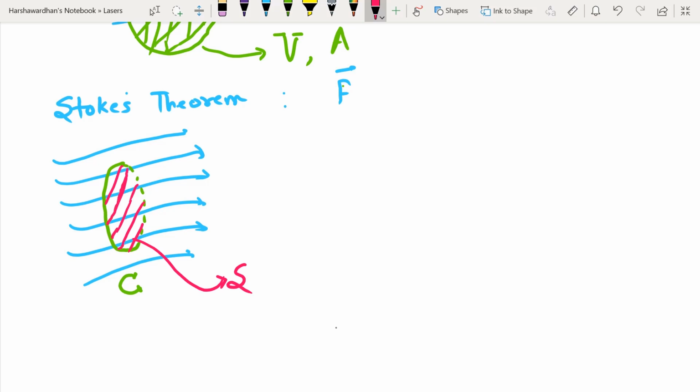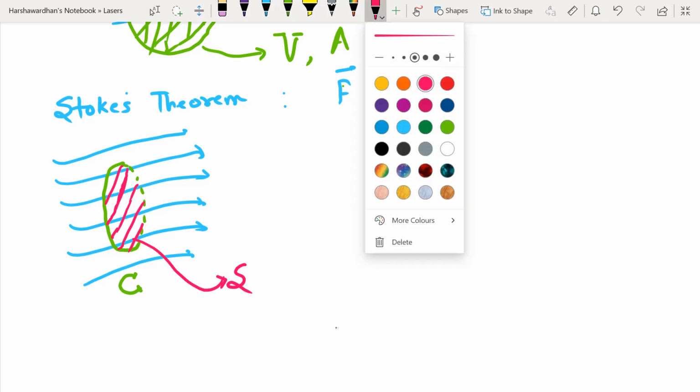The only requirement for this surface is that the surface boundaries match with this closed path, the loop C. And you can clearly see that the surfaces are not necessarily unique.